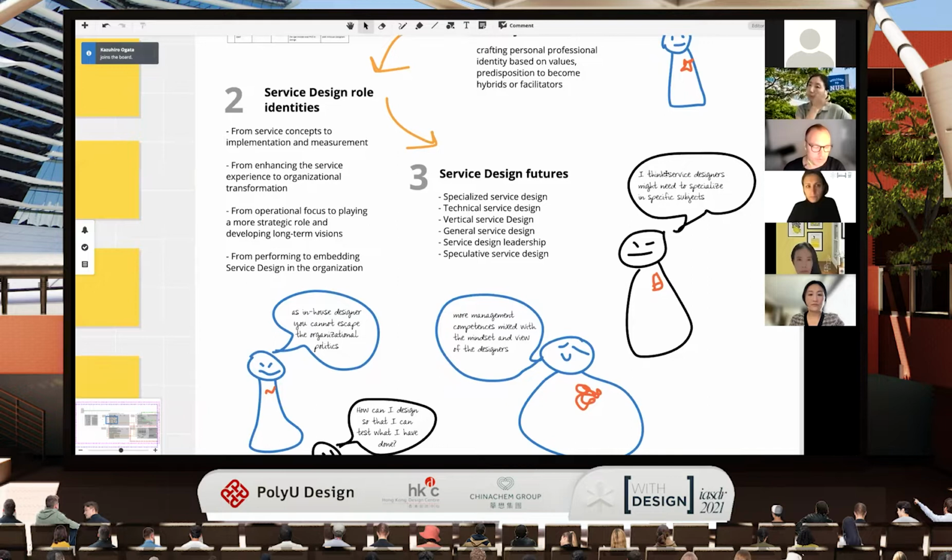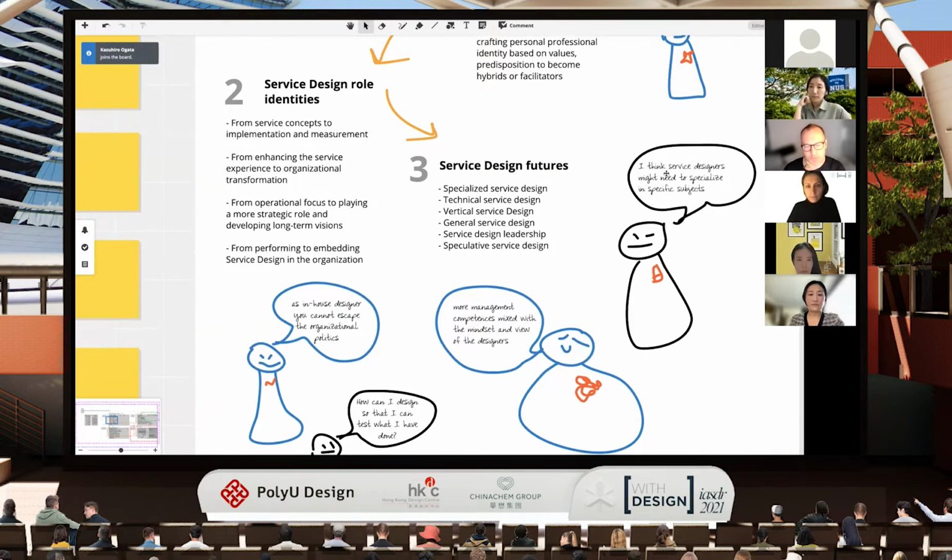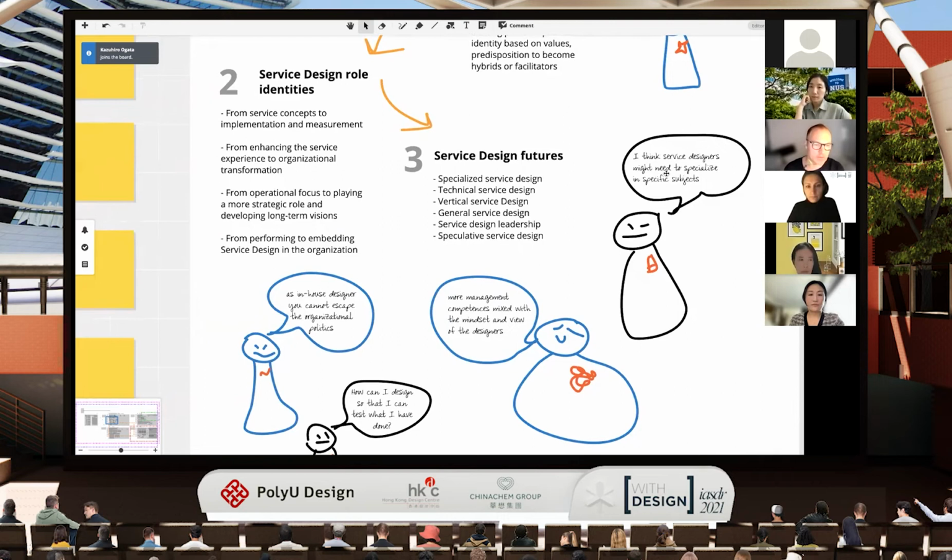And then when we zoomed out a little bit, we could see that there were a bit of role identities being developed. And here, in the coming chapter that we're writing, they're formulated in a from-to kind of format.